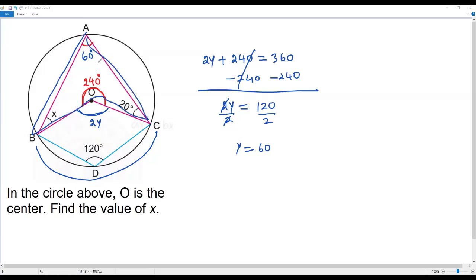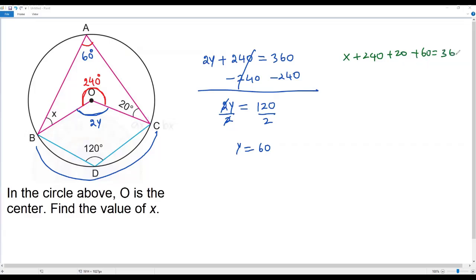Okay, now I have all four interior angles of the quadrilateral ABOC. So now if I add these four interior angles, 60, x, 240 degrees and 20 degrees, they all will add up to 360 degrees, because the sum of the four angles in any quadrilateral equals 360 degrees. Let me add it. First let me take x, then 240, then 20, then 60.